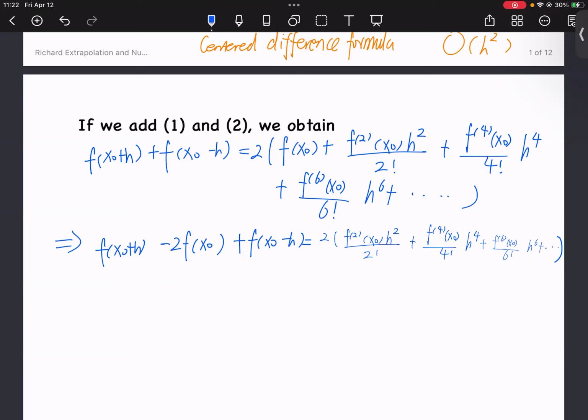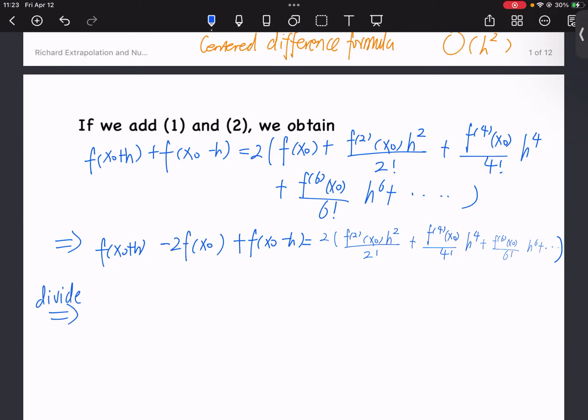So here I'm going to divide both sides by 2h squared, I'm going to just divide those things by h squared, and then I can get rid of the h squared here.